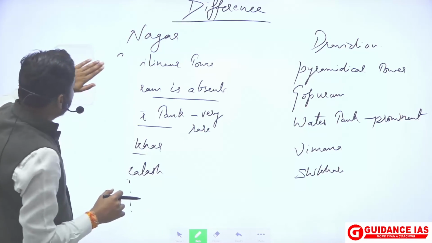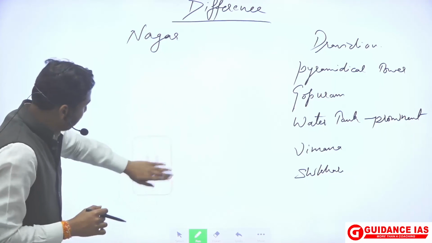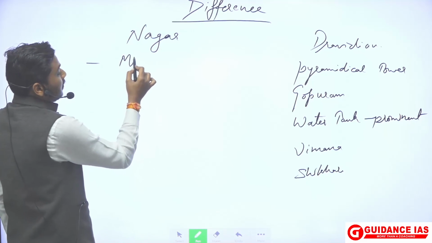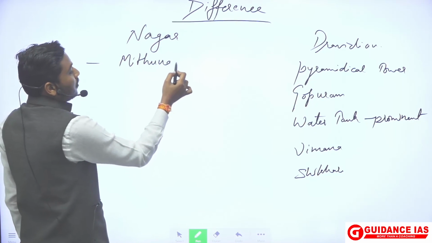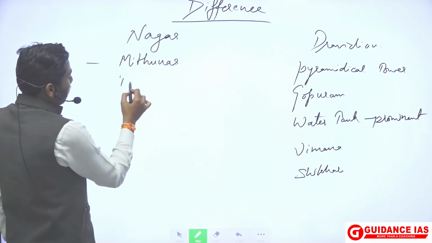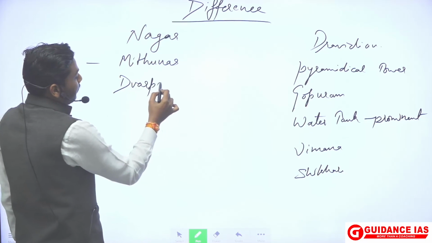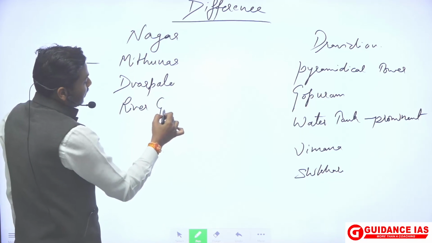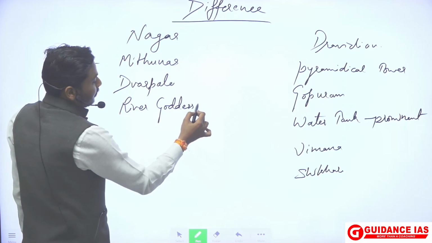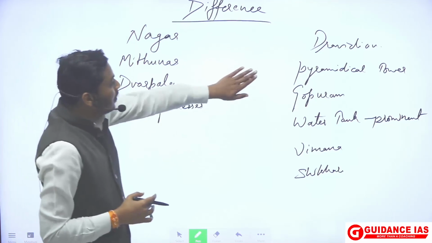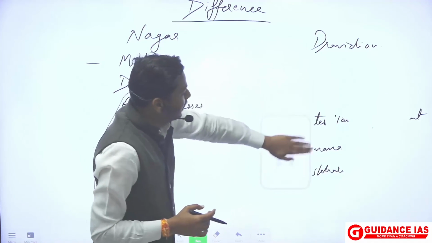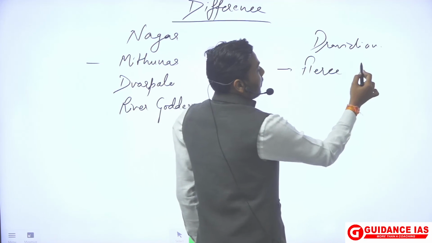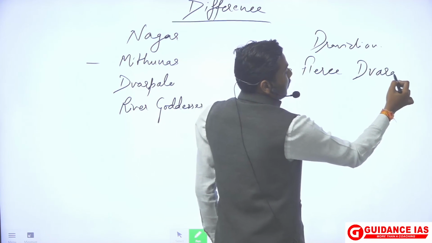Now, moving forward, in the Nagar style, what we have seen are Mithunas, the erotic images. We have seen Dwarpal. We have seen river goddesses at the outer boundary. But in the Dravidian style, there are fierce Dwarpal.